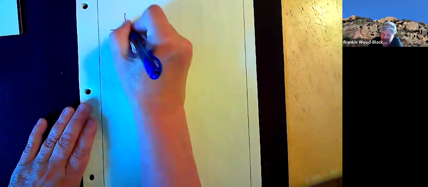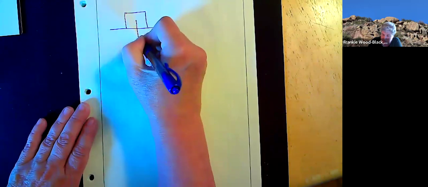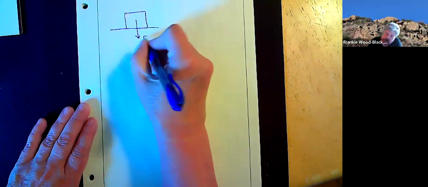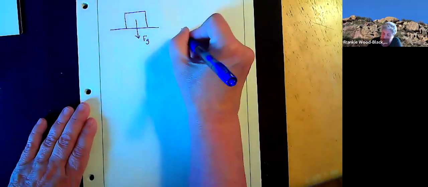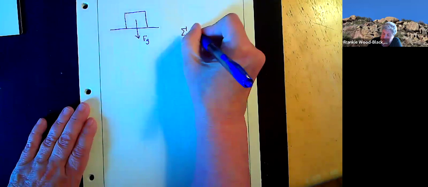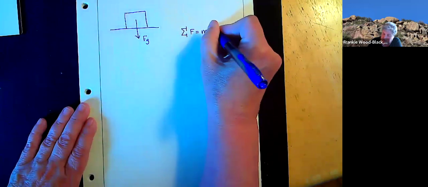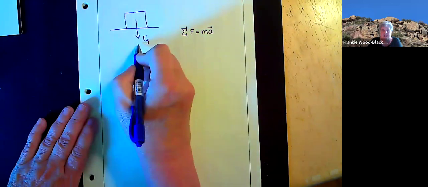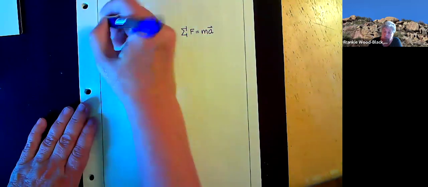So I have my object, and we know we have a force due to gravity. And we know that Newton's second law says the summation of forces is going to equal mass times acceleration. Well, what's the acceleration on my block?